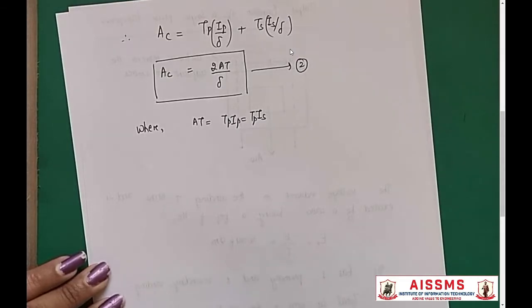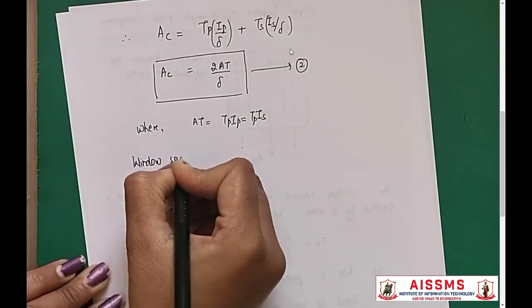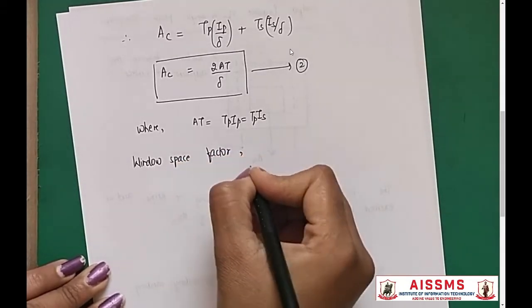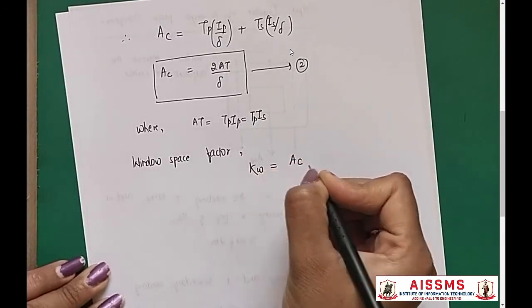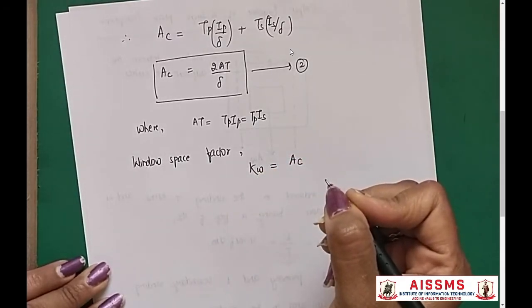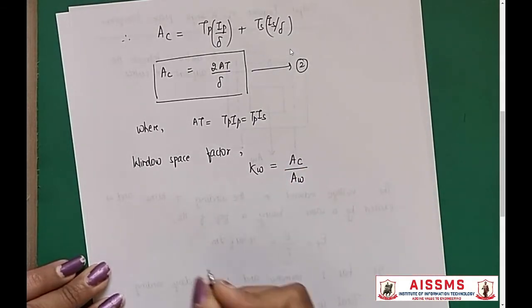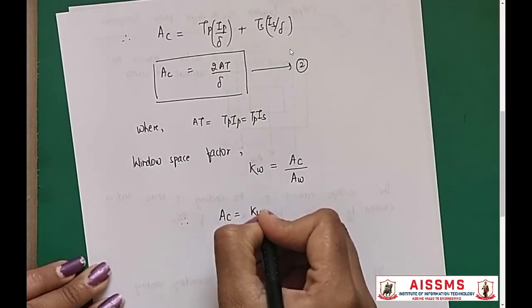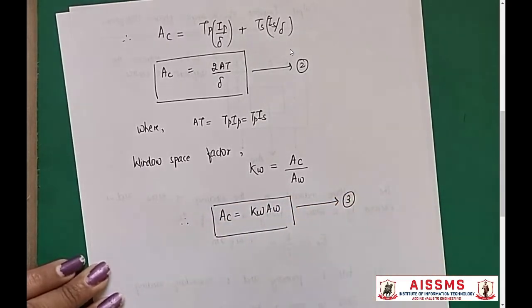Now here we have to see a new factor or a constant which is known as the window space factor. It is denoted by Kw and is nothing but the ratio of copper area in the window to the total area of the window. Therefore, we get that copper area in the window is Kw Aw, which is equation number 3.